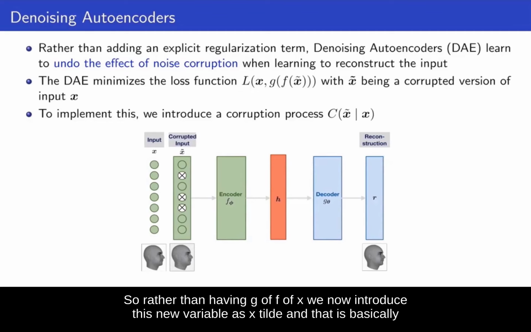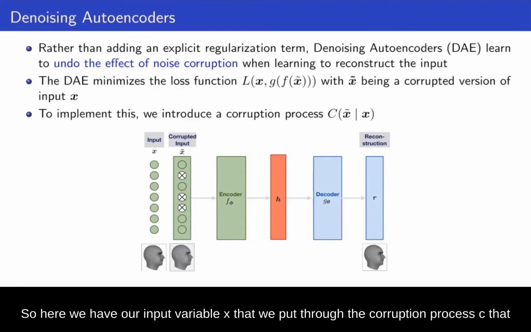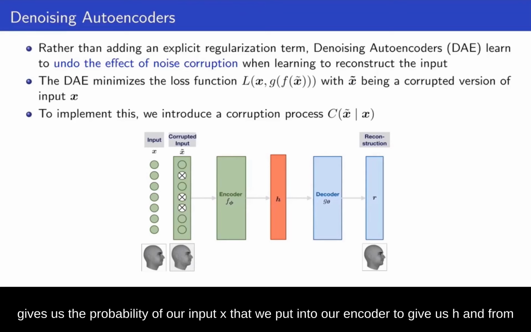So what we're doing is that we're changing the loss. Rather than having g of f of x, we now introduce this new variable x tilde, which is basically the corrupted version of x. Here we have our input variable x that we put through the corruption process C, that gives us the probability of our input x that we put into our encoder to give us h.